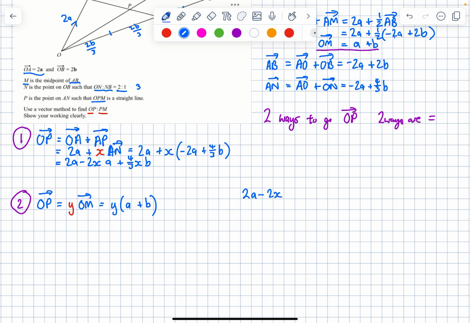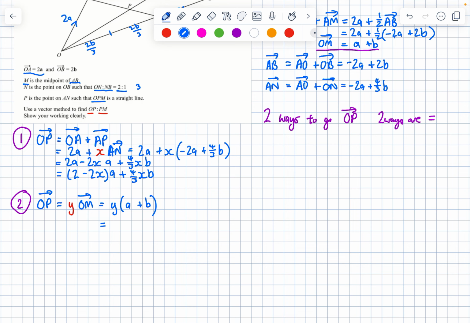Let's just tidy that up to make that easier to look at. I'm going to factorize this, so I've got 2 minus 2x times a plus 4/3 x times b. That looks a bit better.